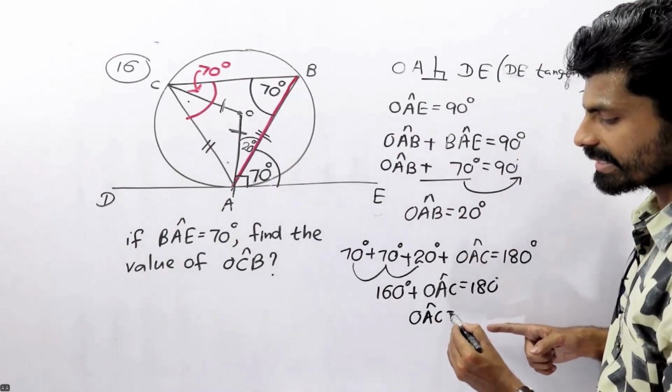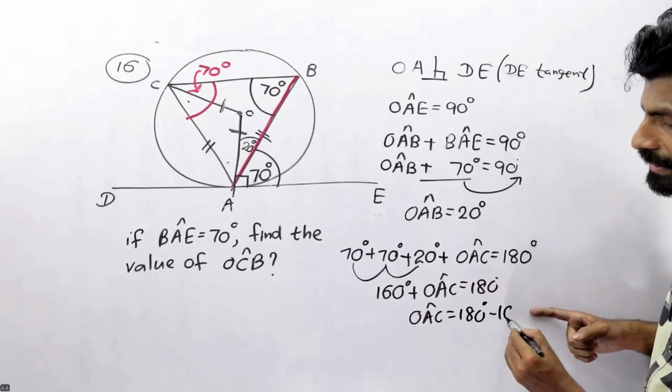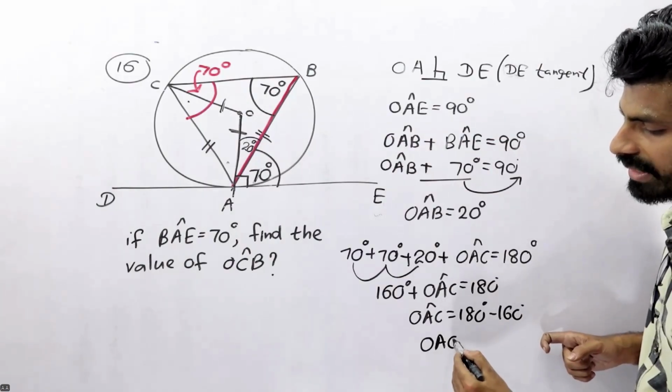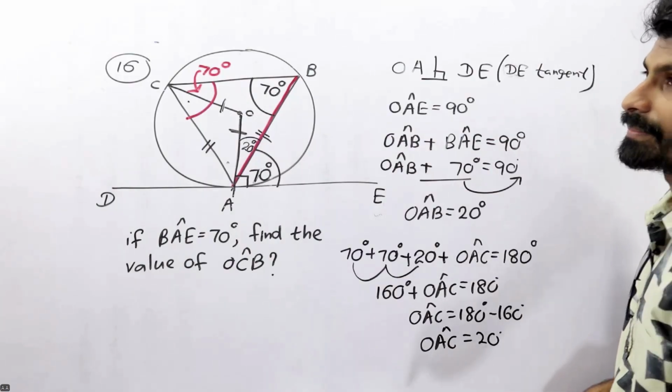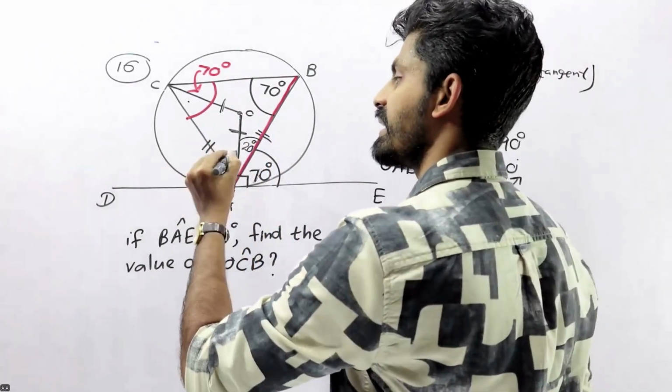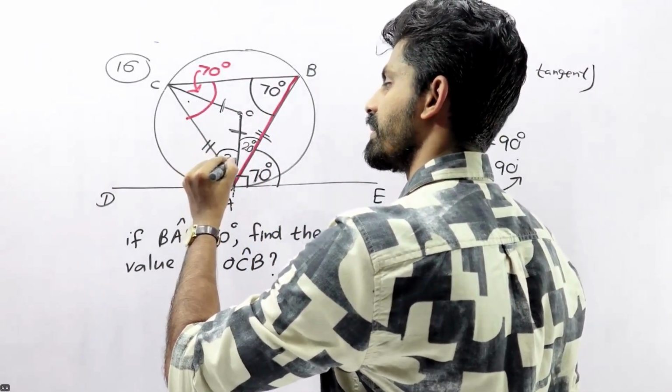So OAC equals 180 minus 160. OAC equals 20.